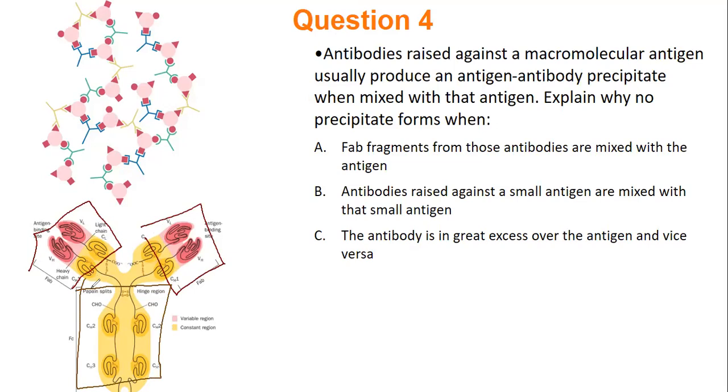Anyways, the Fc is the stalk. So if I had just the Fab regions with my antigen, there's no way I can form this meshwork because I don't have any stalks or Fc regions to, let me switch my colors again. I don't have any Fc regions to hold my two binding sites together.